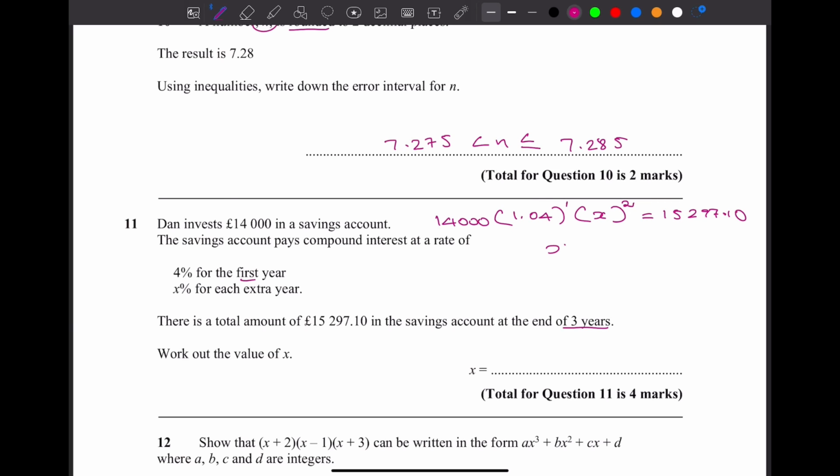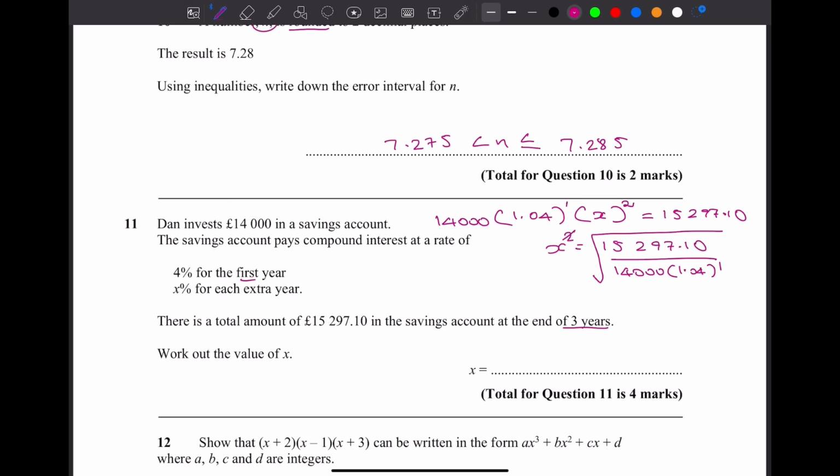15,297.10. And x squared is 15,297.10 divided by 14,000. 1.04 to the power 1. Don't worry about the square root on that side.